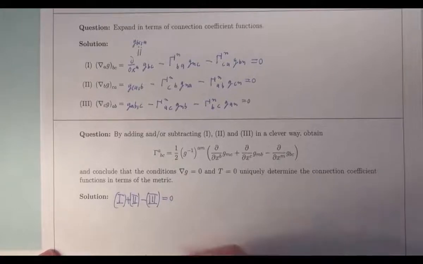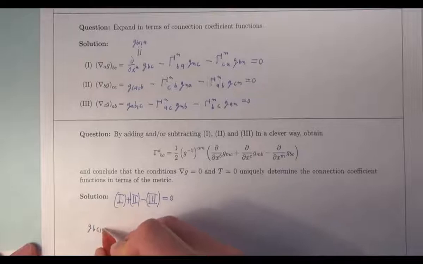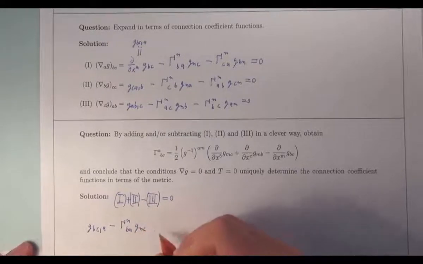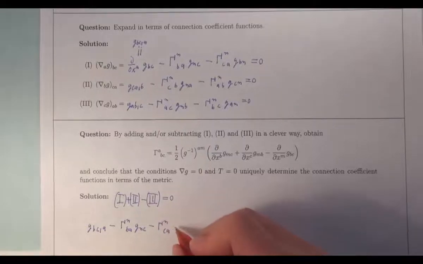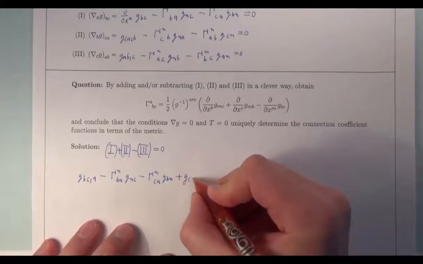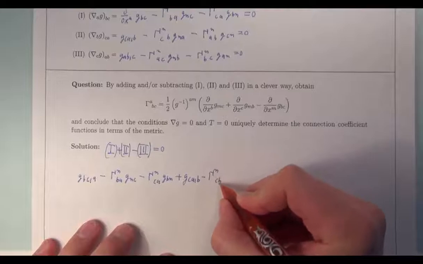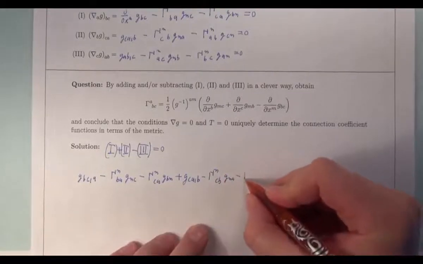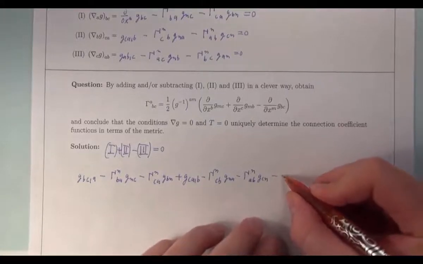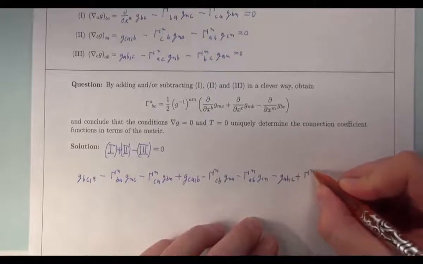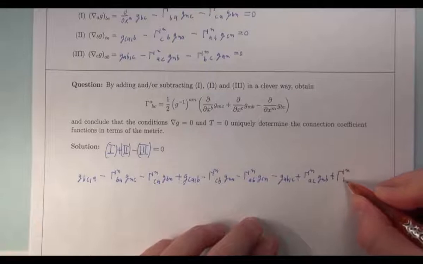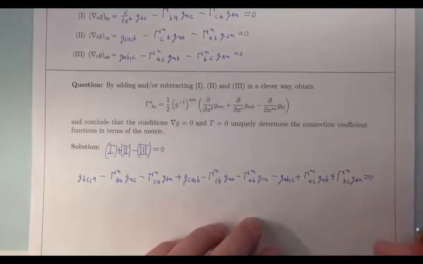First, just plug in the definitions. It's G_{BC,A} minus gamma N_BA G_NC minus gamma N_CA G_BN plus G_{CA,B} minus gamma N_CB G_NA minus gamma N_AB G_CN minus the last equation G_{AB,C} plus gamma N_AC G_NB plus gamma N_BC G_AN equals 0.